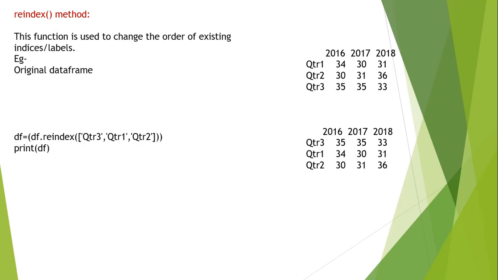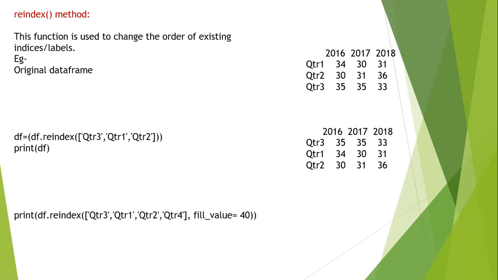Now let's see, print df.reindex qtr3, qtr1, qtr2, comma, qtr4, and comma fill underscore value is equals to 40. Now see, there are two interesting things here. First, the original data frame earlier had only three indexes, qtr1, 2 and 3, but now we have also introduced the new index qtr4.